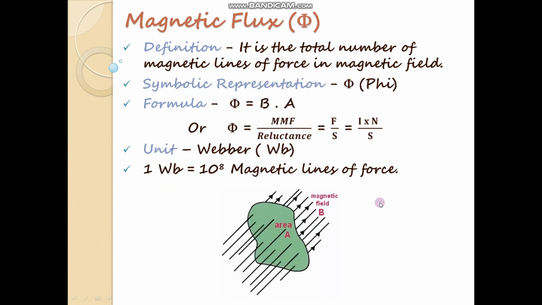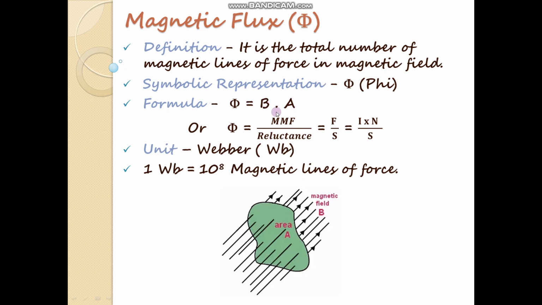Next is the magnetic flux. It is the total number of lines of magnetic force in the magnetic field. Means what? See, how many lines of magnetic flux there are is called the magnetic flux. The flux is represented by the letter phi and is given by the product of B and A. What is B?